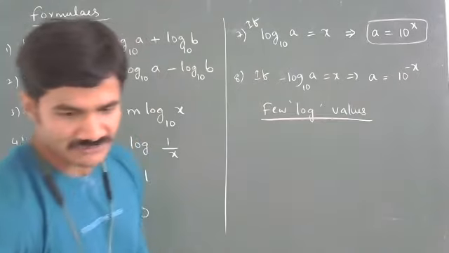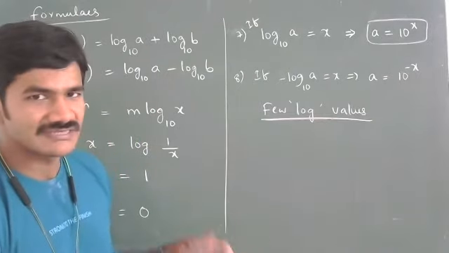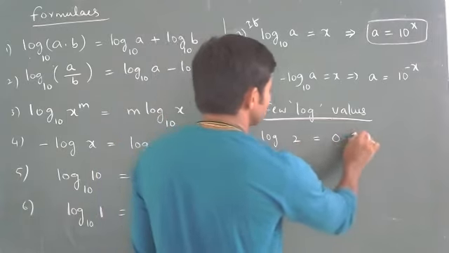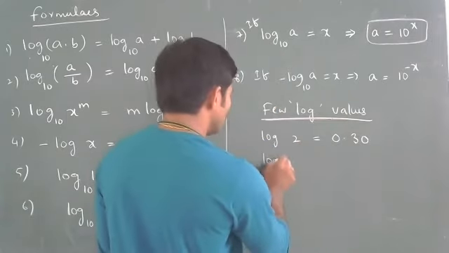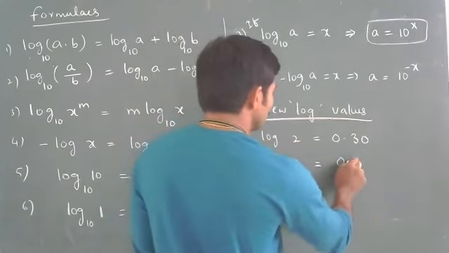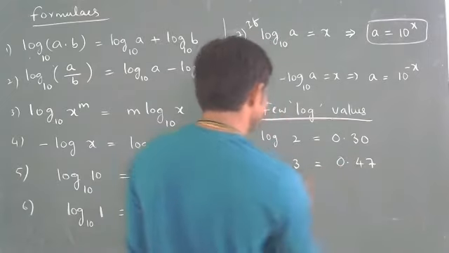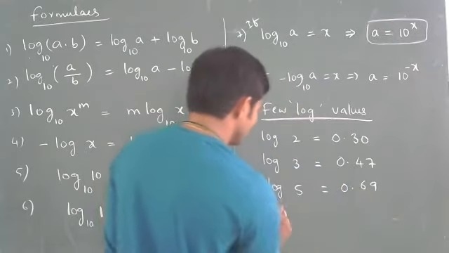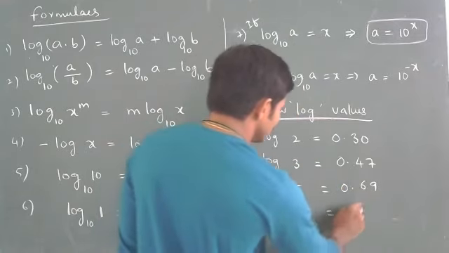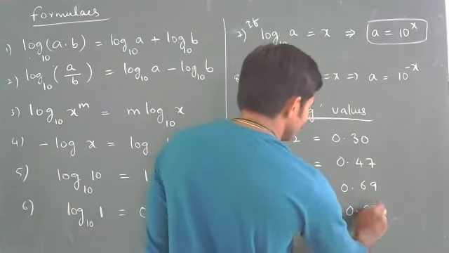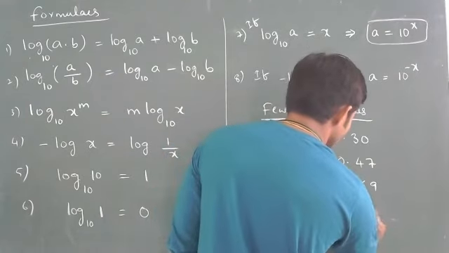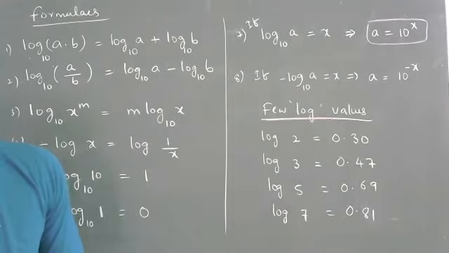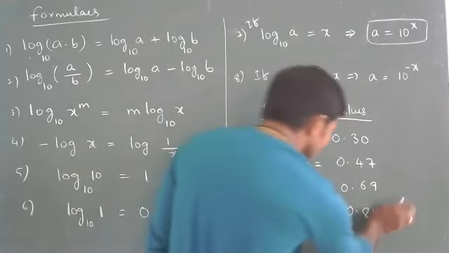Log 2 value 0.30. Log 3 value 0.47. Log 5 value 0.69. Log 7 value 0.84.